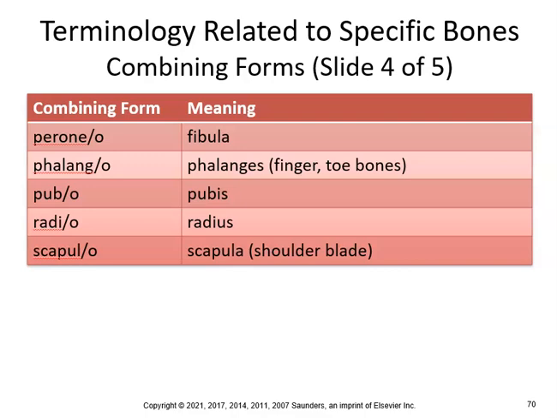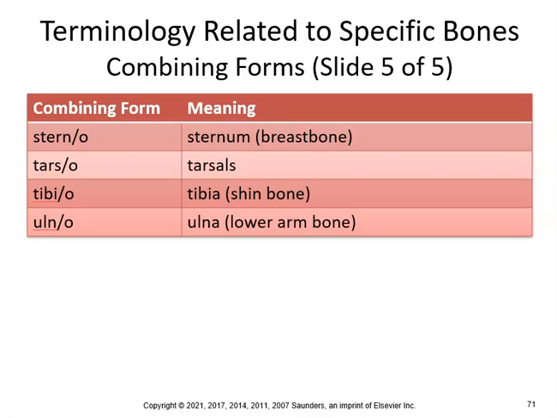Peroneal or peroneus means the fibula. Phalanges, finger. Pubis, radius, and the scapula. Sternum is the breastbone. Tarsals, tibia is the shin bone. Ulna is a lower arm bone on the inside.